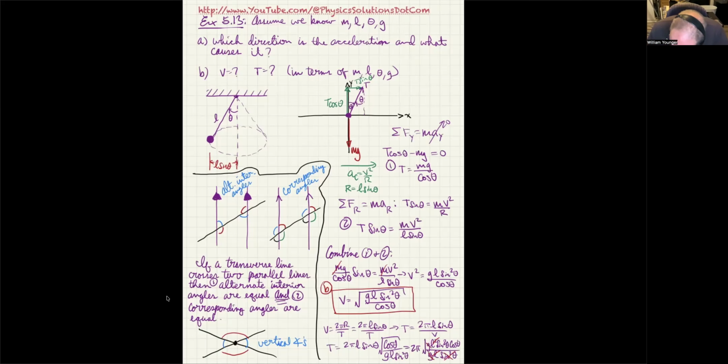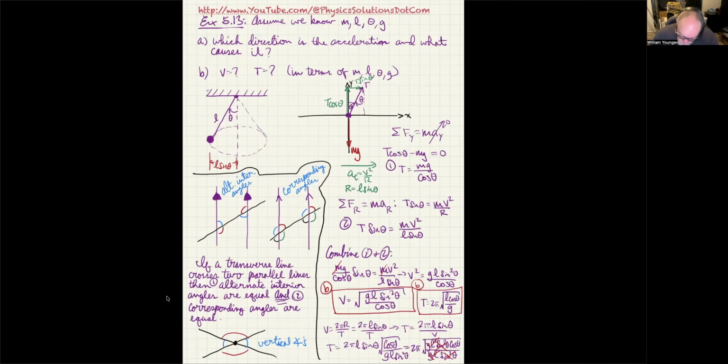And the sine squared is going to cancel out with the sine squared here. So I can finally write that the T is actually quite simple. T is equal to 2 pi times the square root of L cosine theta over g. So that is also the answer for part B.